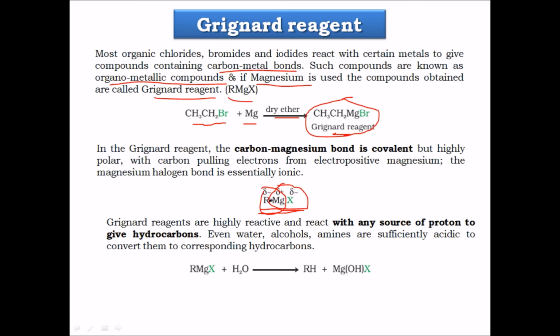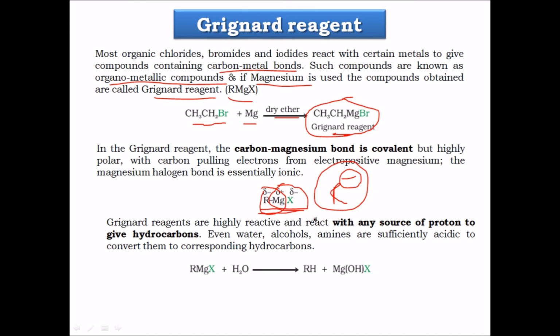That's the reason why this bond between carbon and magnesium is a highly polar bond. This highly polar bond can be broken very easily, and it generates a species in which carbon has a negative charge. So this is a good source for getting nucleophiles, the carbanion.